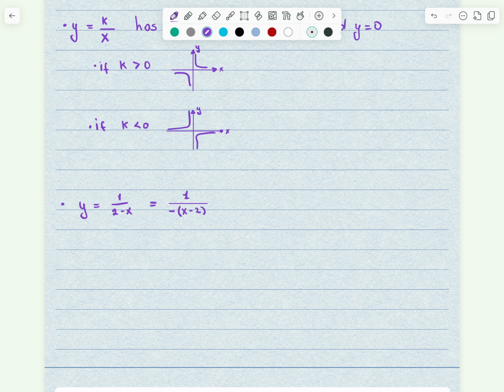Using this method, I'm also going to decide whether k is positive or negative, so am I going to sketch the graph like so or like so?